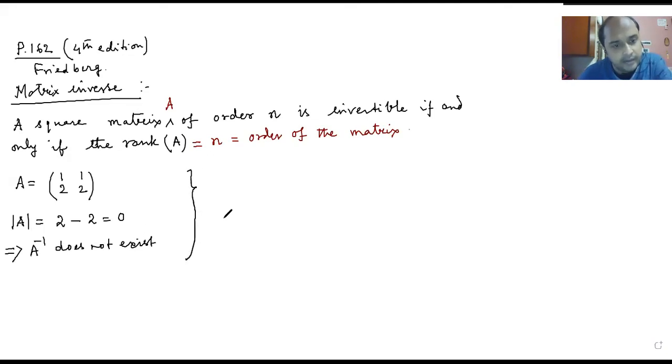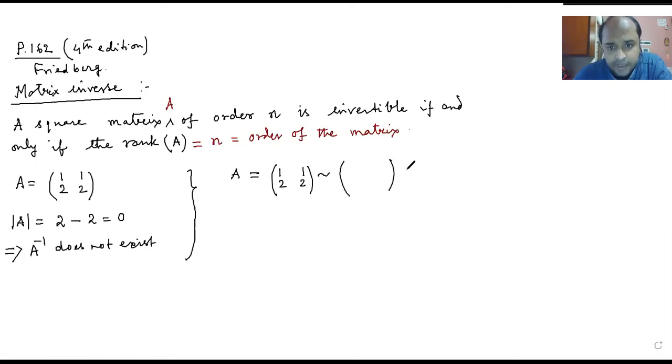And if I want to put it in the language of rank, then I must say that this square matrix A can be written in its equivalent form by applying some elementary row operations. For the time being, let us stick to row operations only.